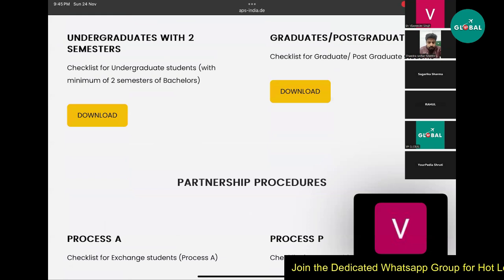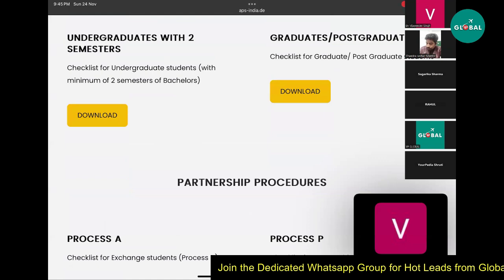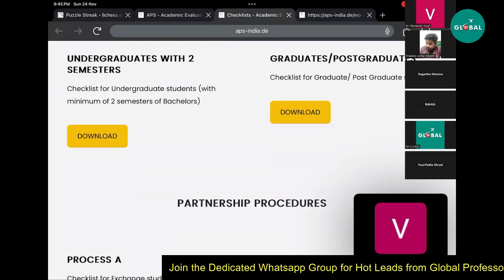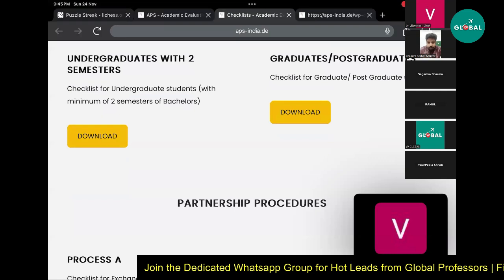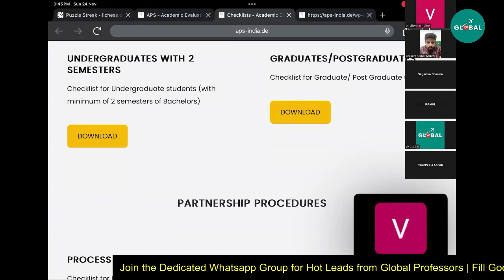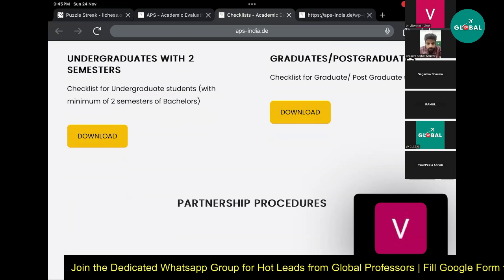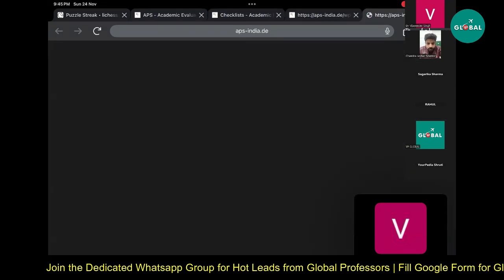If you are still, let's say, in your final year, the seventh or eighth semester of your bachelor's, you will download the checklist which states undergraduates with at least 2 semesters. This is how I read it: you have to have at least 2 semesters done, which probably you will.